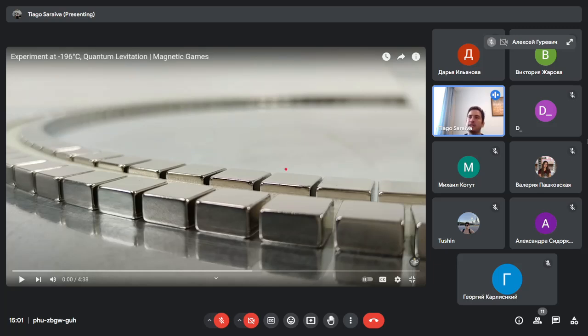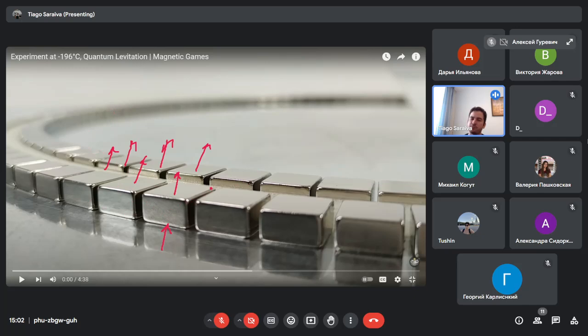These little squares are magnetized like this, so the magnetic field goes from below to up. And he will put a superconductor on top of this magnetic track.